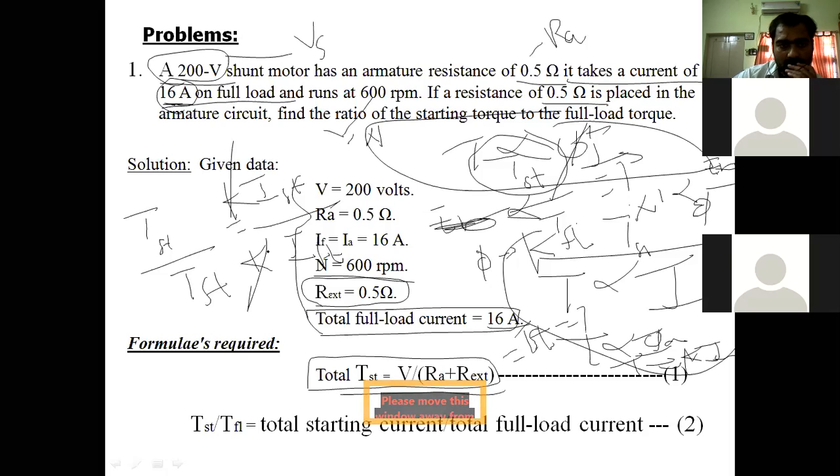This is the ratio. Please calculate these terms and keep your answers in the chat box. He has asked to find the ratio of starting torque to full load torque.